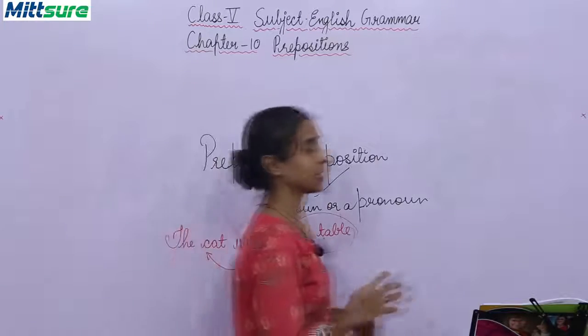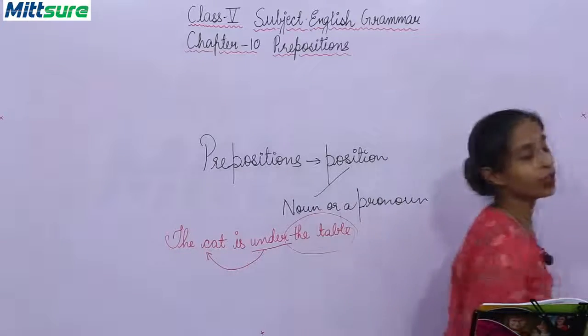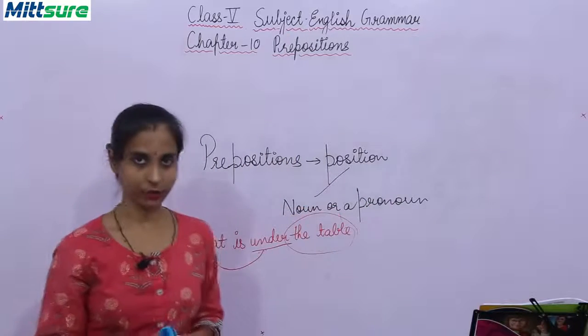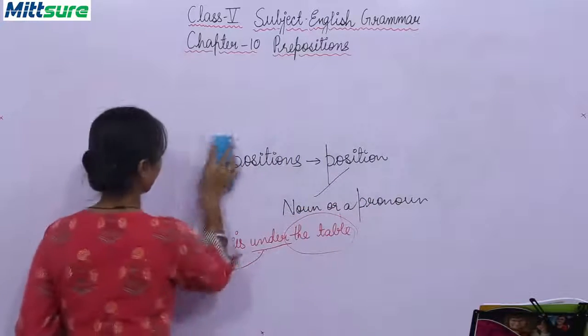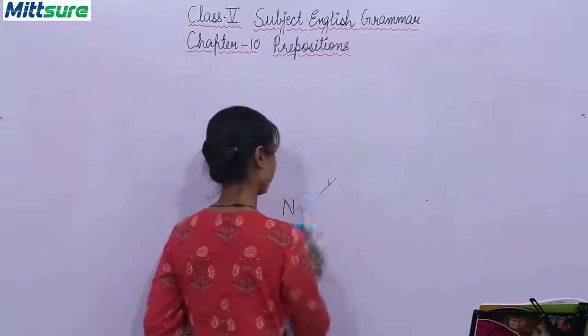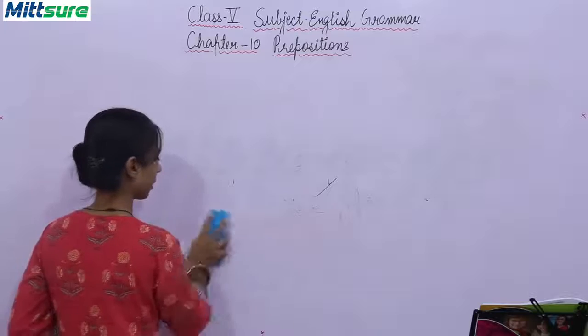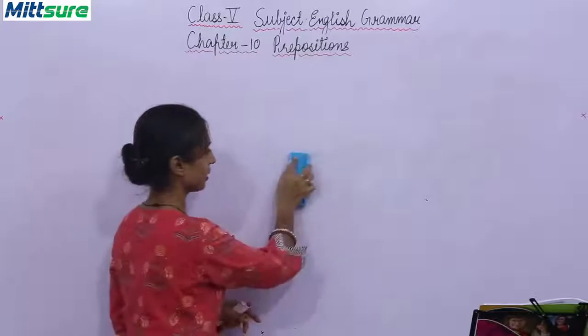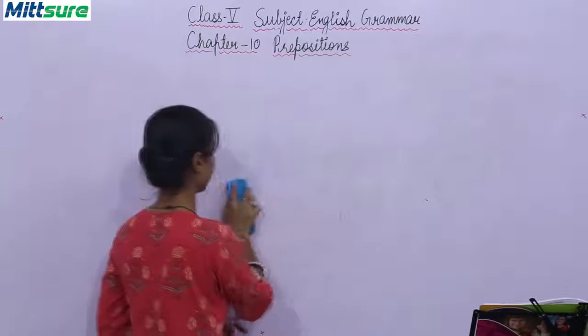Now, let us see the kinds of prepositions. There are many kinds of prepositions. Fine. Let us see what they are. Prepositions are very easy to understand. They are not very difficult.